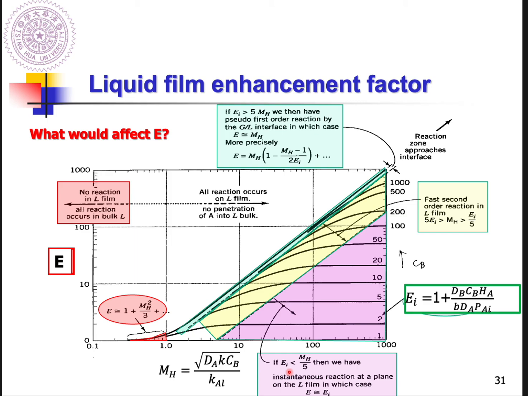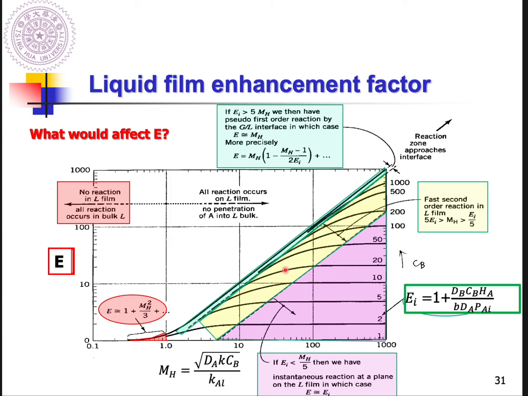If EI is smaller than MH divided by 5, then your reaction belongs to instantaneous reaction. For instantaneous reaction, as long as you know EI, you can complete the rate equation RA formula, right? Because E equals EI. And if your MH is between EI over 5 and 5 EI, then your reaction belongs to fast reaction at low CB.